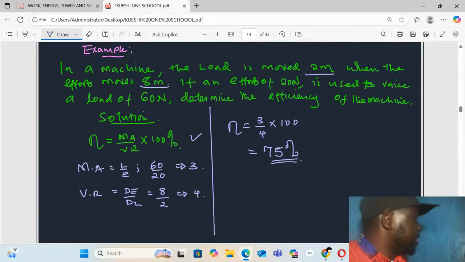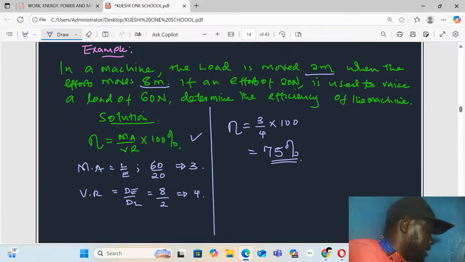We have some other section where I had prepared these machines. For today, we will touch on the wheel and axle, and then we look at the inclined plane, so that you can have at least some touch of these simple machines.